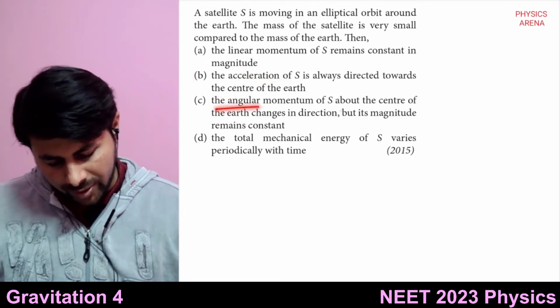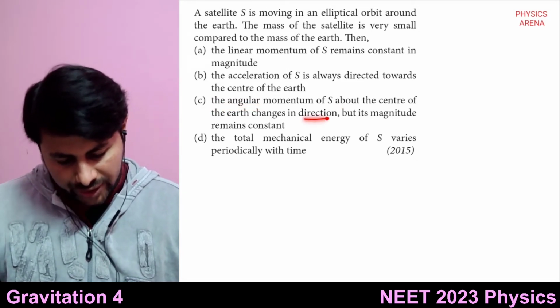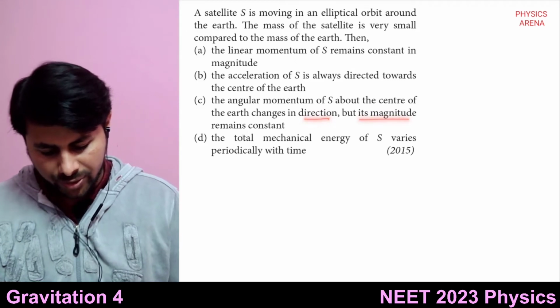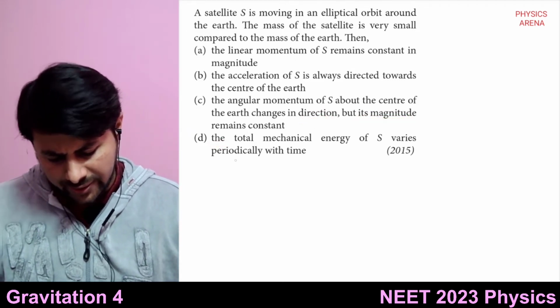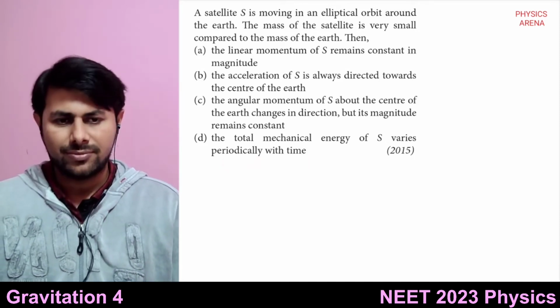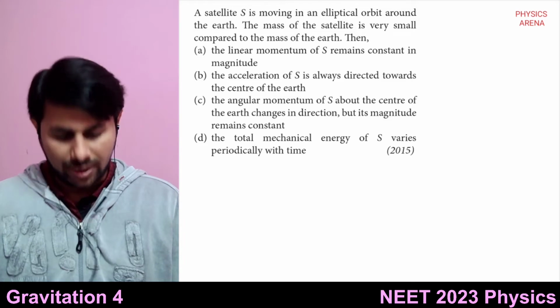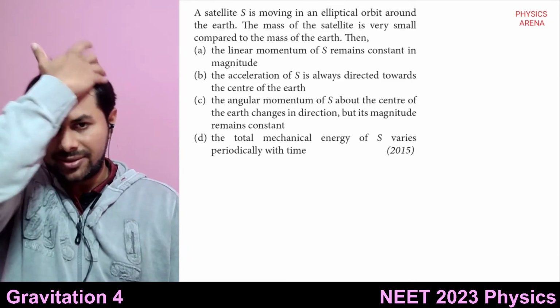C, the angular momentum of S about the center of Earth changes in direction, but its magnitude remains constant. D, the total mechanical energy of S varies periodically with time. So which one is correct out of these? This is simple.